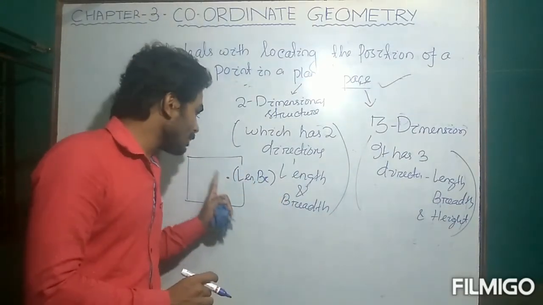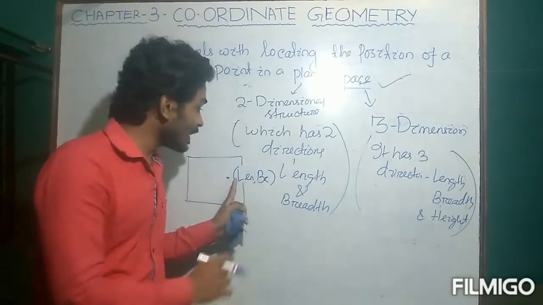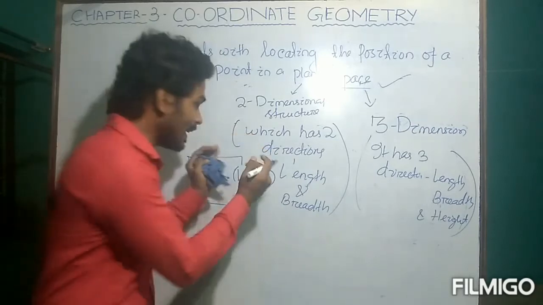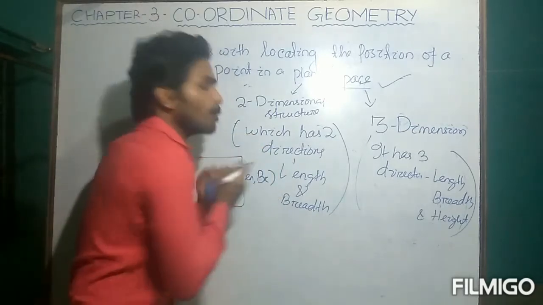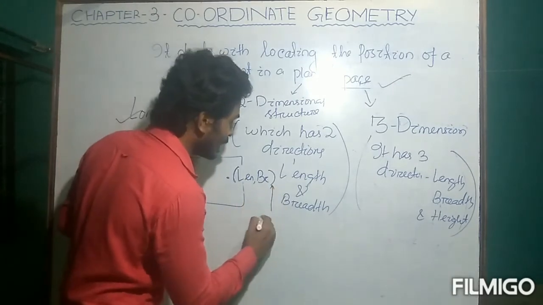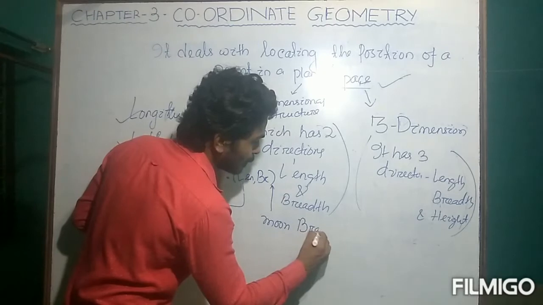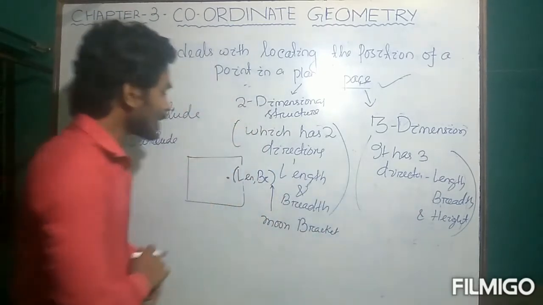So in order to locate a position or locate a point, we need two conditions, and those two conditions must be written inside two brackets. These two brackets are known as round brackets.